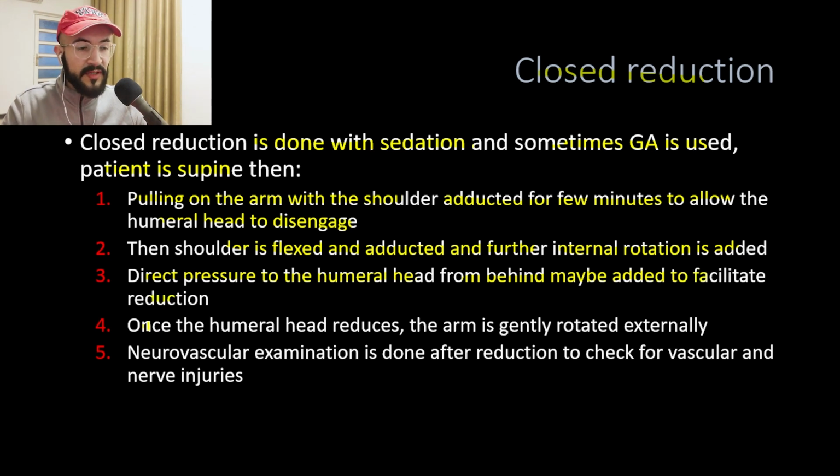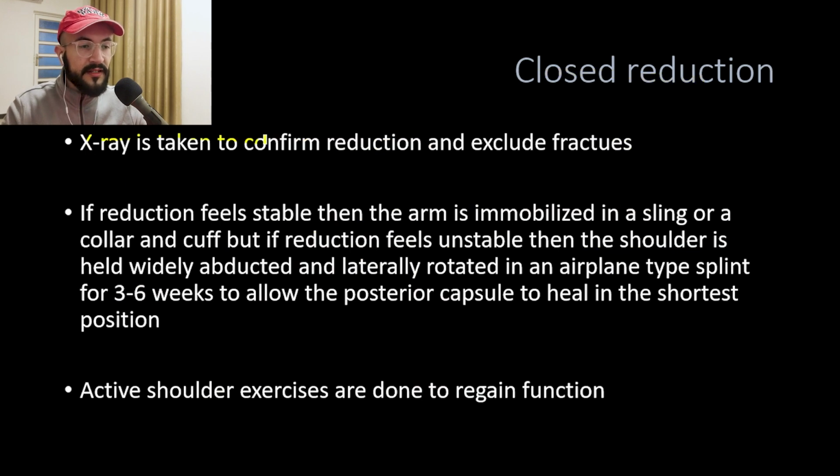And once the humeral head reduces, the arm is gently rotated externally, and a neurovascular examination is done after reduction to check for vascular and nerve injuries. Now an X-ray is taken to confirm reduction and exclude fractures, and if reduction feels stable, then the arm is immobilized in a sling or a collar and cuff.